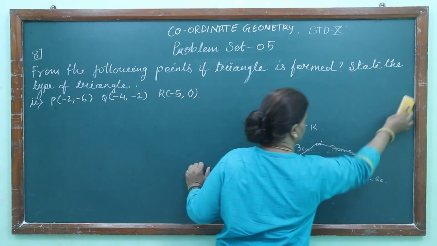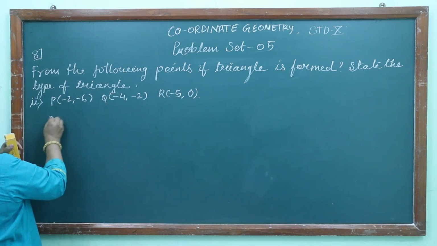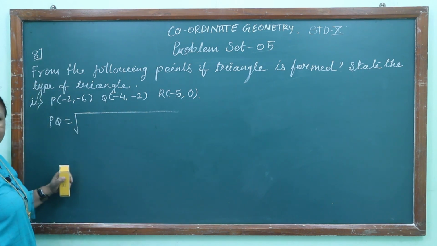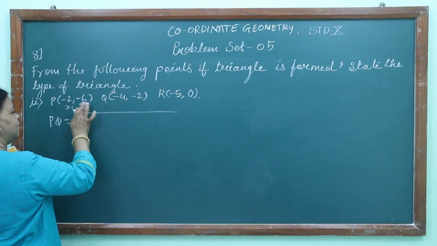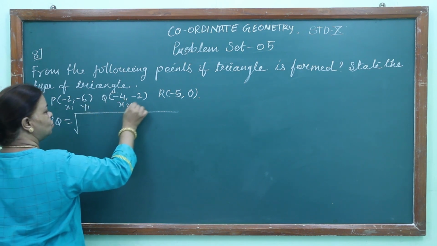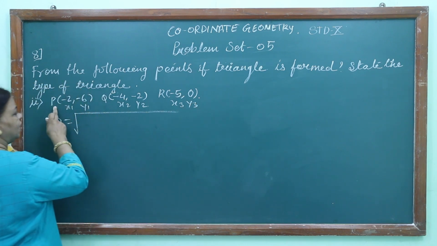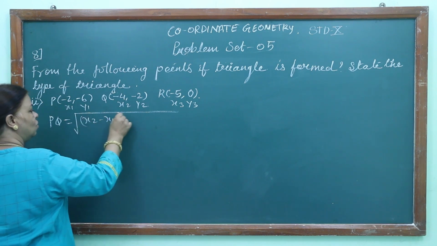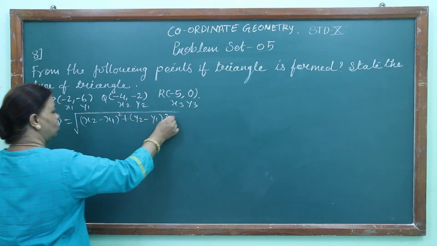So find out PQ. Of course, if I want to find out distance, I will be finding it by the distance formula, children. So x1, y1, x2, y2, x3 and y3. Now I am finding PQ, therefore x2 minus x1 the whole square plus y2 minus y1 the whole square.